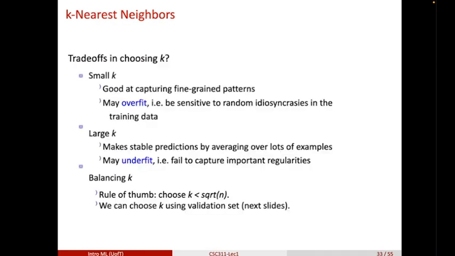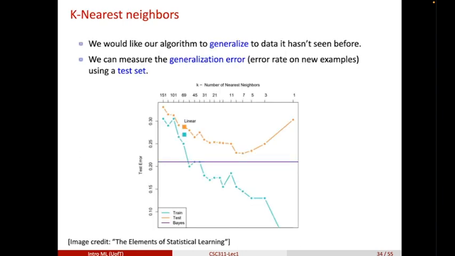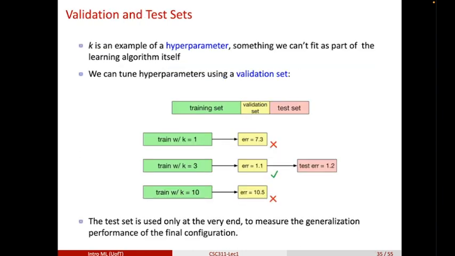The rule of thumb is usually you select K smaller than the square root of the number of samples you have. Another way to decide what K you want to use is through what's called validation sets. So K is an example of a hyperparameter, and we tune hyperparameters using validation sets.